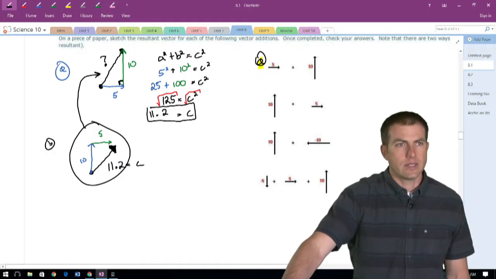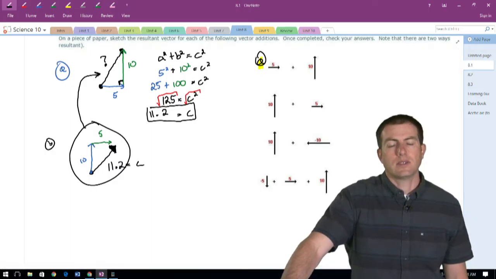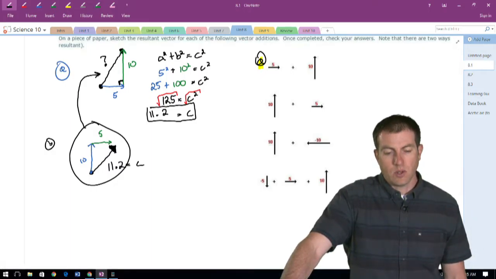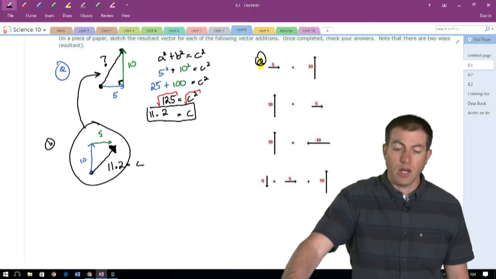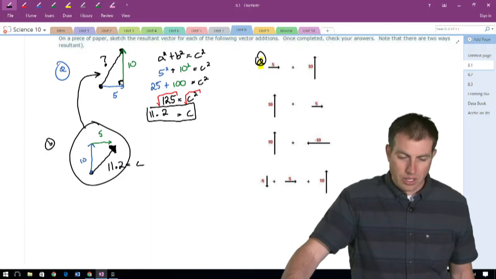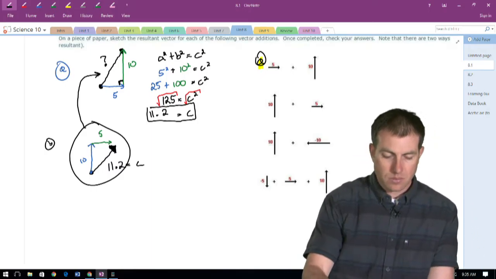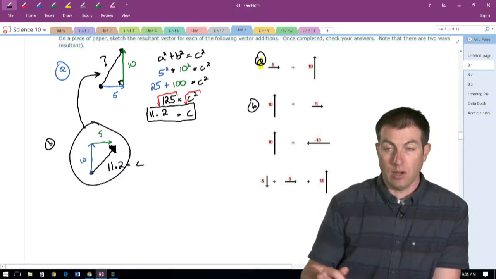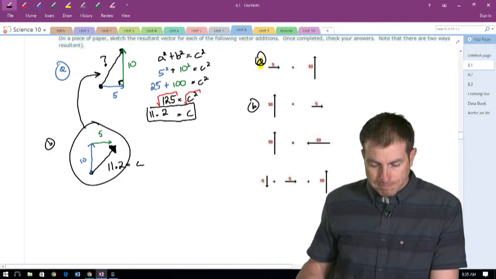So it's the exact same answer because it's the same shape. Instead of going right and then up, I've just gone up and then right. So it's essentially the other half of what would make a rectangle.